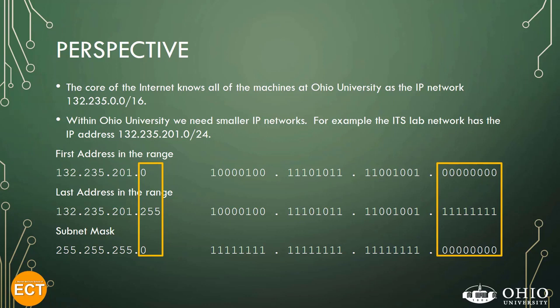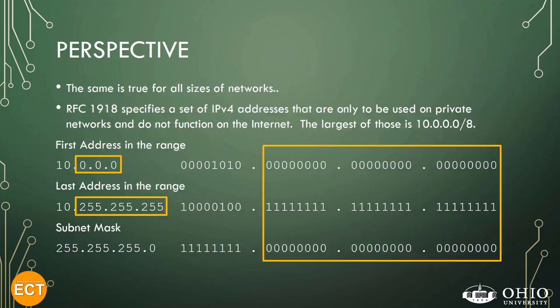This means that the network within the university will have IP networks that are smaller in size and will have network numbers other than 132.235.0.0. For example, part of the ITS network is 132.235.201.0/24. This process is true for larger networks as well.